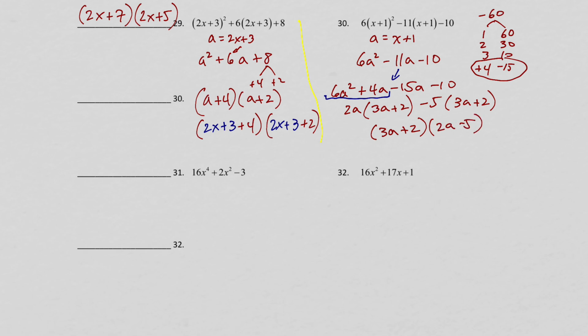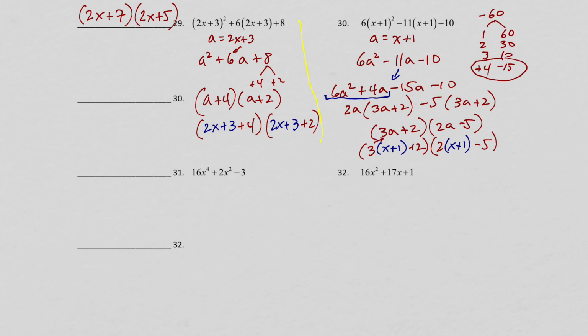The problem is I can't stop here because there's no a in the original problem. So now I have to take this a and replace it with x plus 1. So what I have in my first parentheses is 3 times a, which is x plus 1, plus that 2, times 2 times a, which is x plus 1, minus the 5.